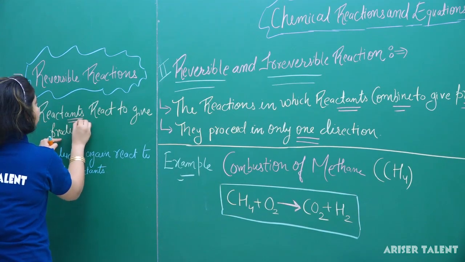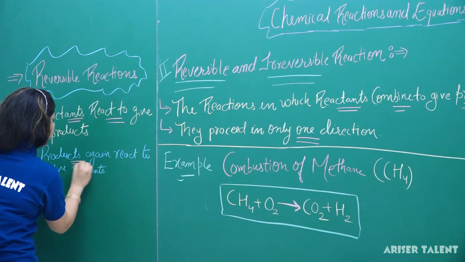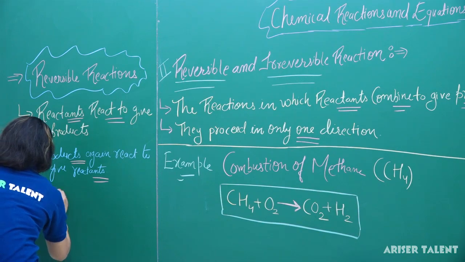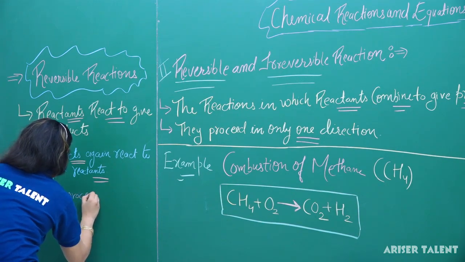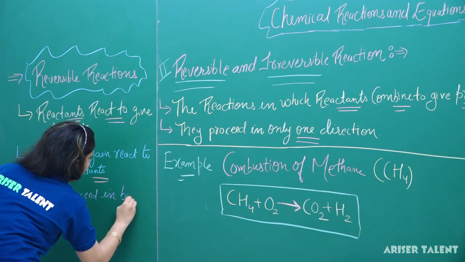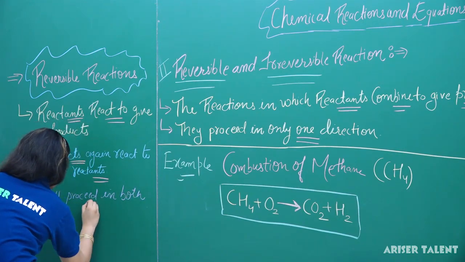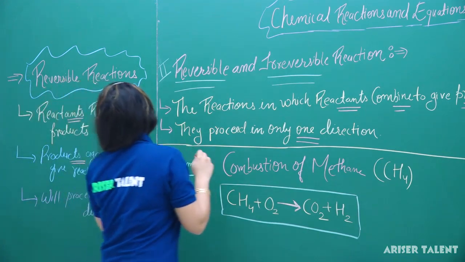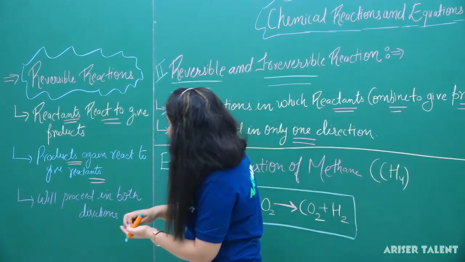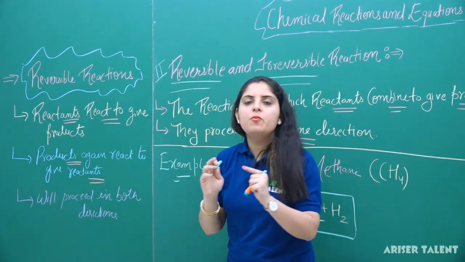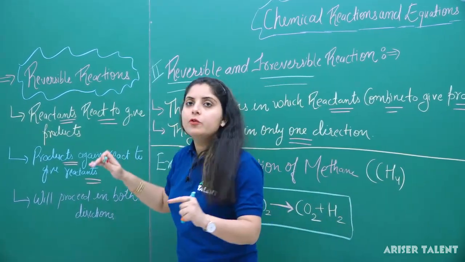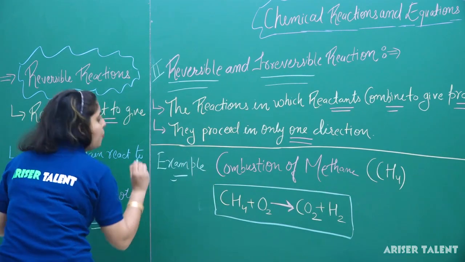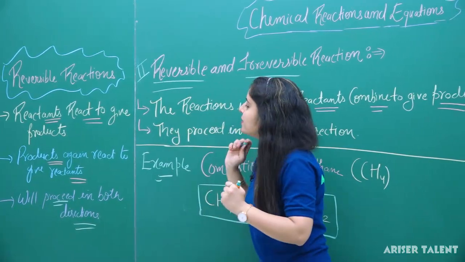It means reactants react to give products, and the products again react to give reactants, and the reaction will proceed in both directions. These are the main characteristics of a reversible reaction: reactants react to give a particular product, the product again reacts to give the reactants, and these types of reactions proceed in both directions. This is all about the reversible reaction.